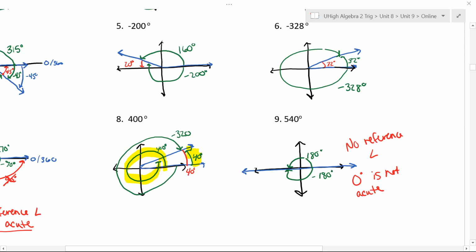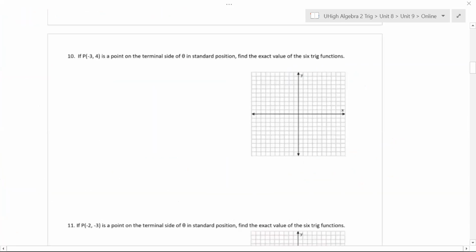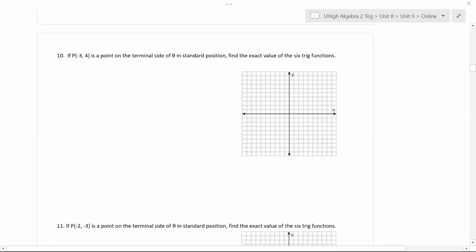All right, so let's flip the page. And we are going to use some of these ideas to find the exact value of the 6 trig functions. Okay, so for number 10 here, it says, if P is a point on the terminal side of theta in standard position, find the exact value of the 6 trig functions.